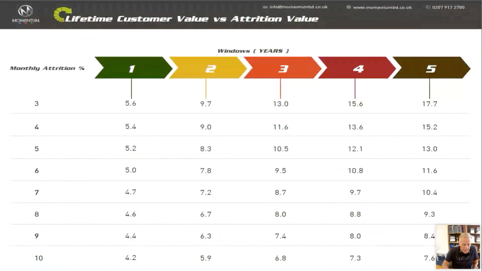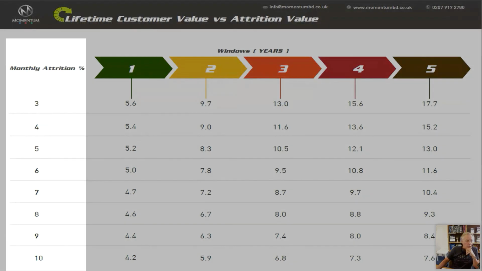How we use that is, we've used this graph a few times in the program so far. Down the left-hand column here is the amount of monthly attrition, the figure that we've just calculated, 3% at the top, 10% at the bottom.